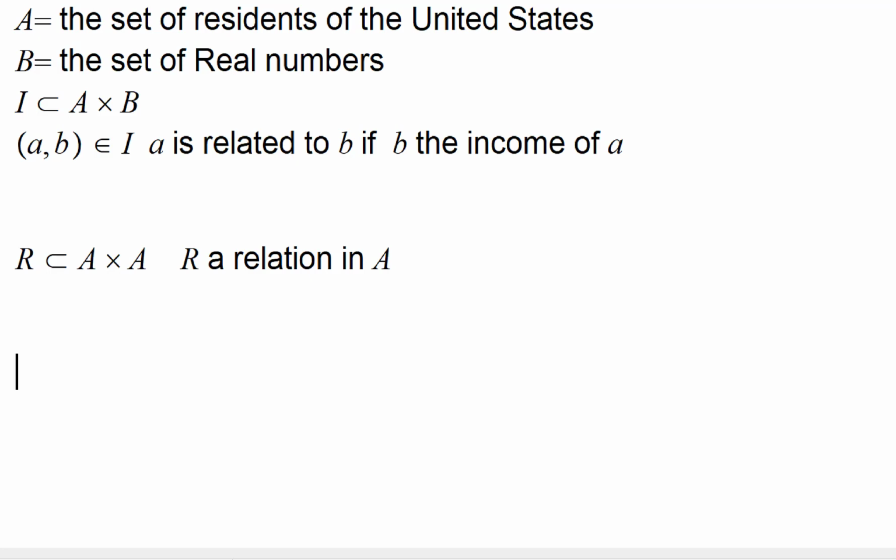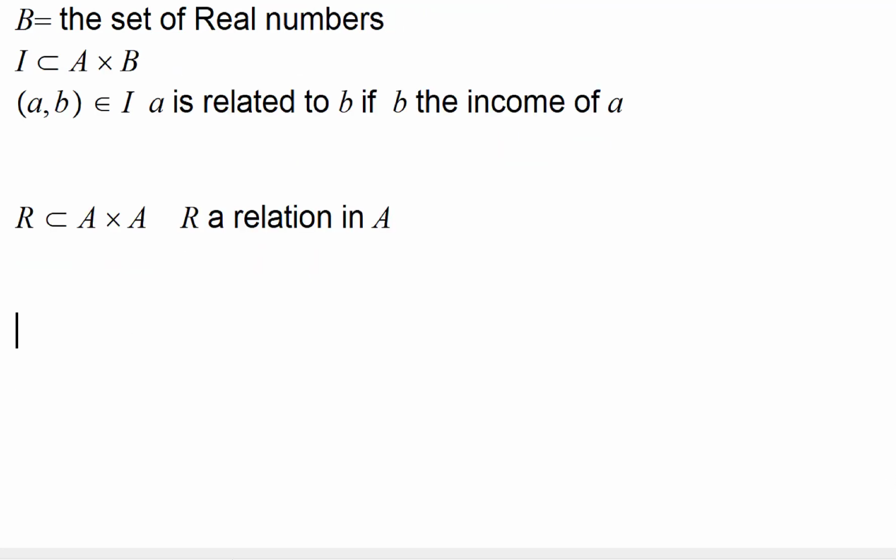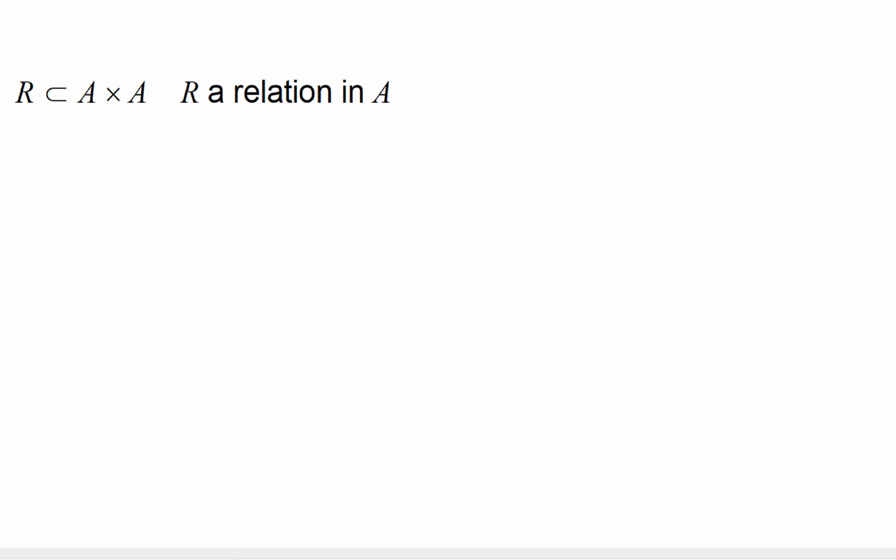Let me take an example. How about we take our set of integers Z and take a relation, let me call it E, in Z cross Z, that is defined by this.